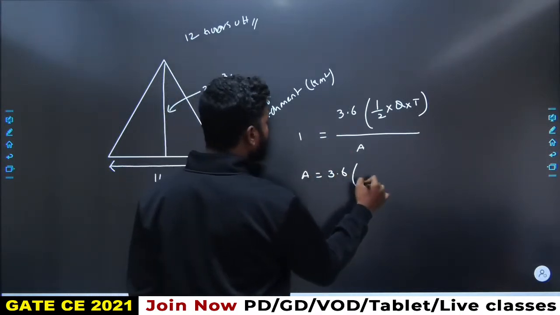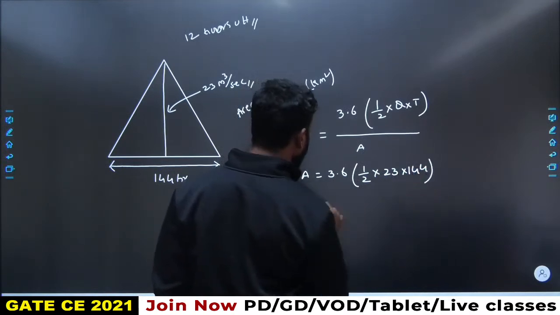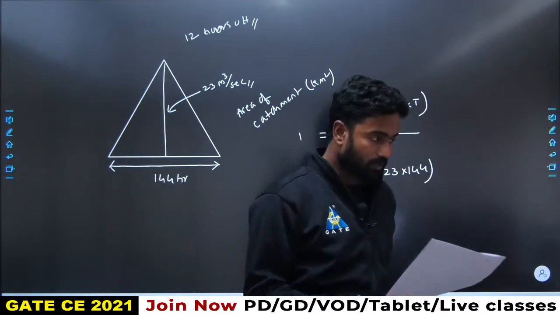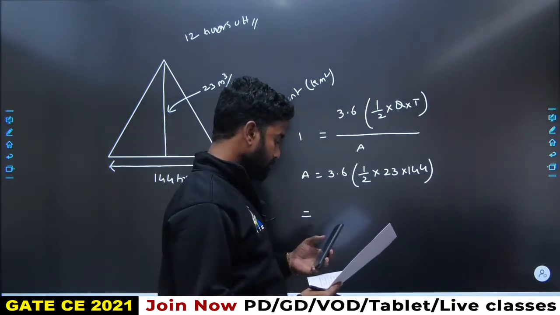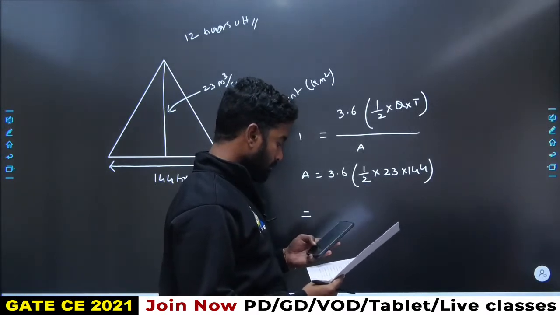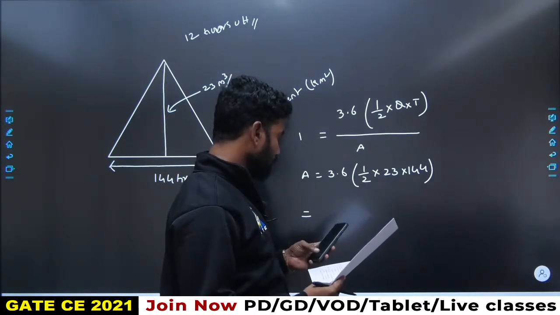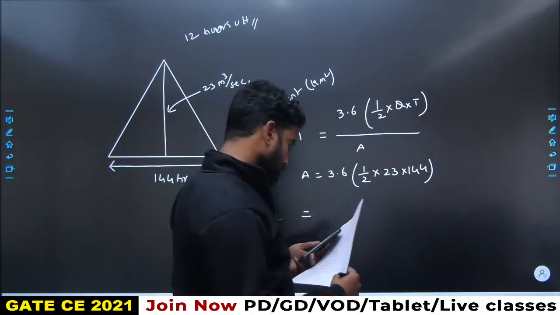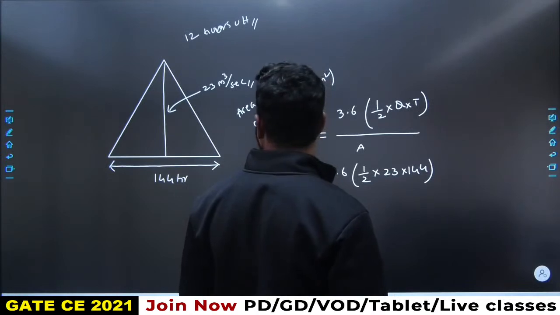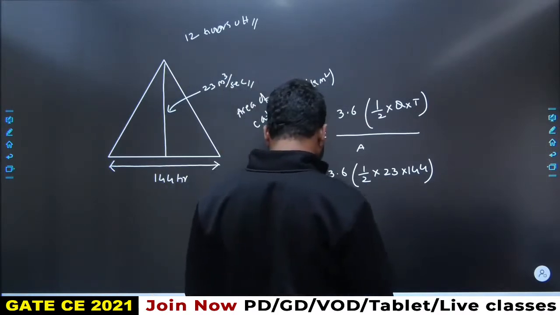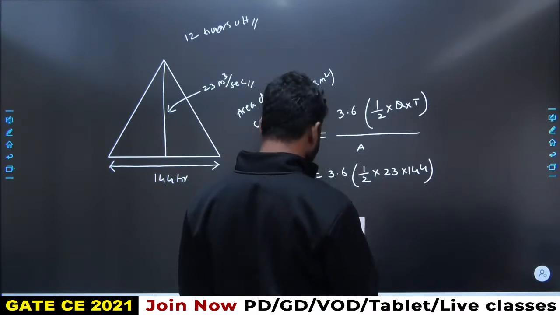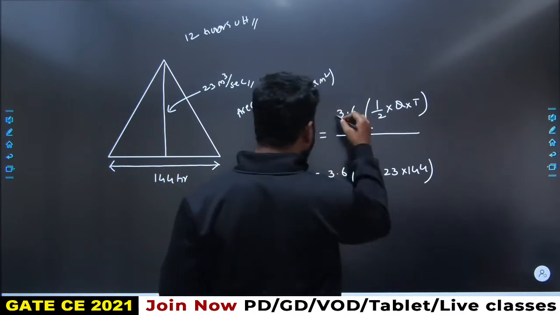So A would be equal to 3.6, half multiplied with Q, which is 23, multiplied with 144. Actually this is 0.36, not 3.6.